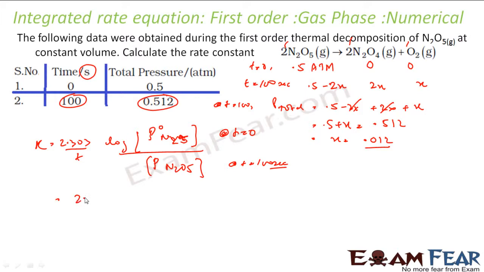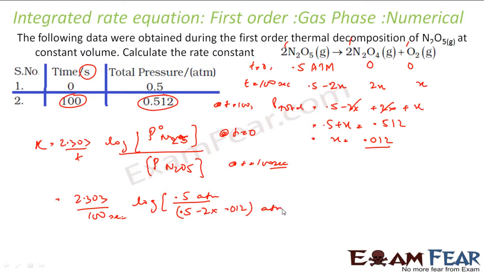Let's put the values here. This becomes 2.303 by t, which is 100 seconds, log of P naught of N2O5, which we see is 0.5 atm, and this is 0.5 minus 2x, and x is 0.012, that is 0.5 minus 2 into 0.012.